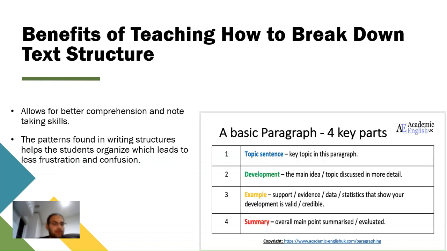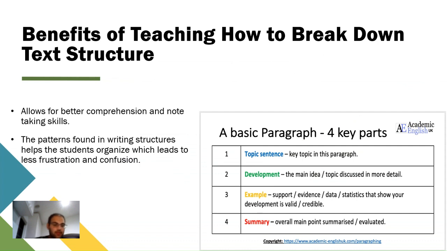So in order to summarize text, students must also learn how to break down the structure of a text. This can be difficult for students with exceptional learning needs, but it also has many benefits. These benefits include better reading comprehension and better note-taking skills.